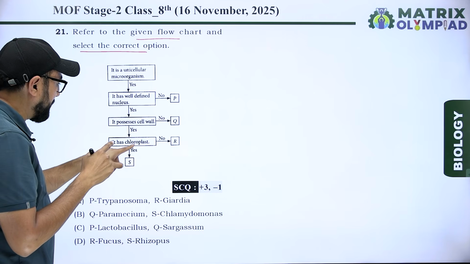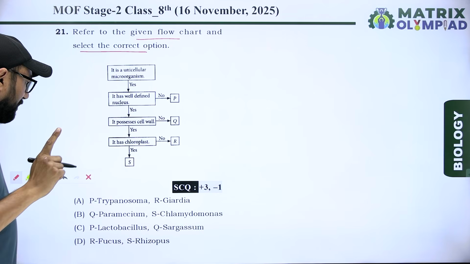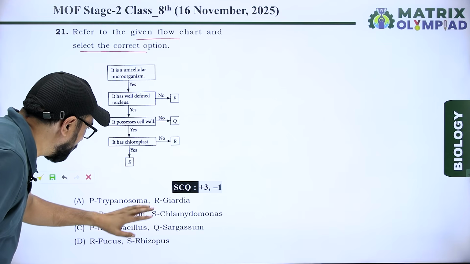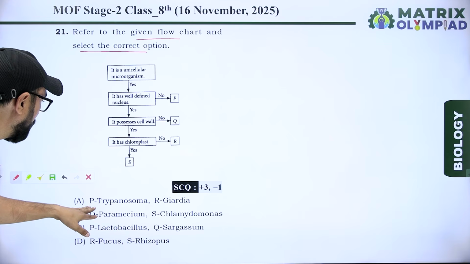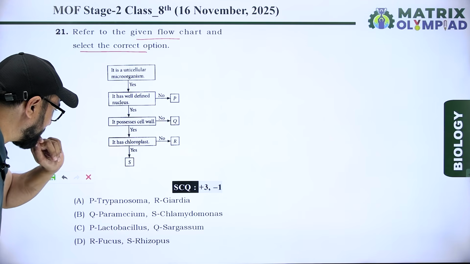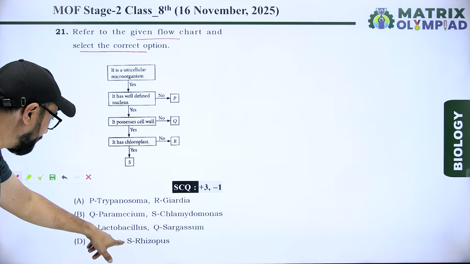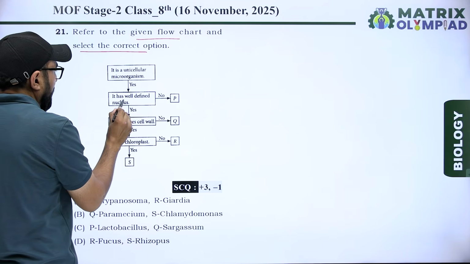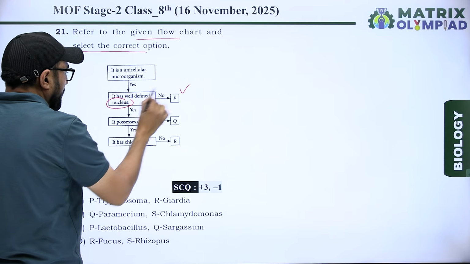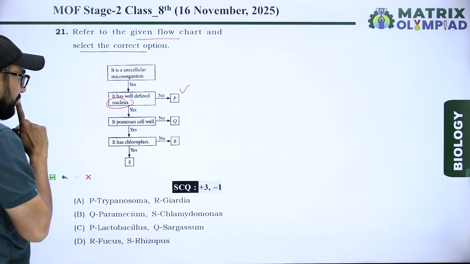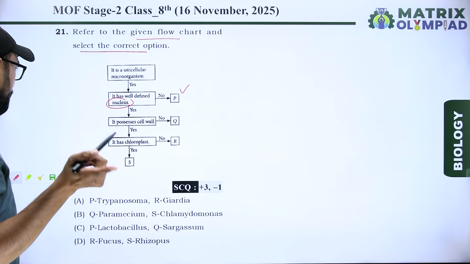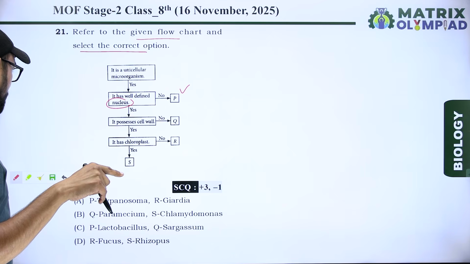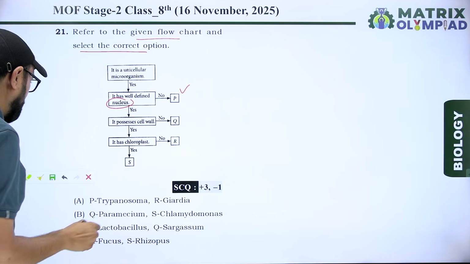Yes, then chloroplast present, then S. Chlamydomonas, Q, Sargassum, S, Rhizopus. If well-defined nucleus absent, then P, Trypanosoma. It possesses cell wall? If no, then Q, Paramecium.